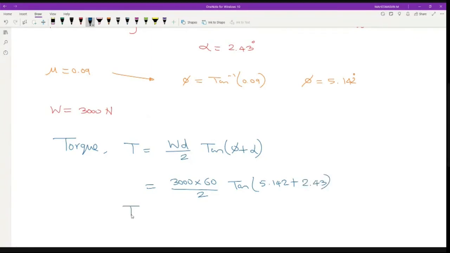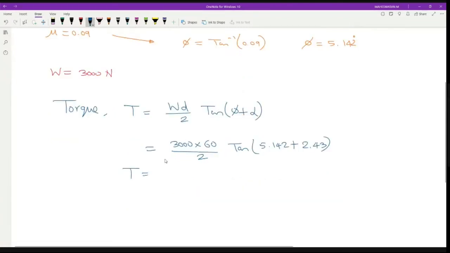What is your torque? 11.965 into 10 cube Newton mm.